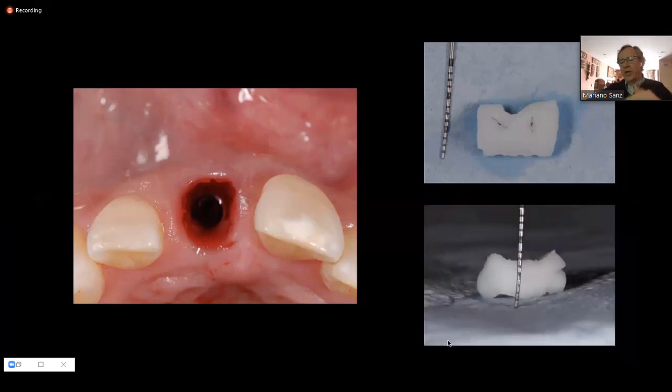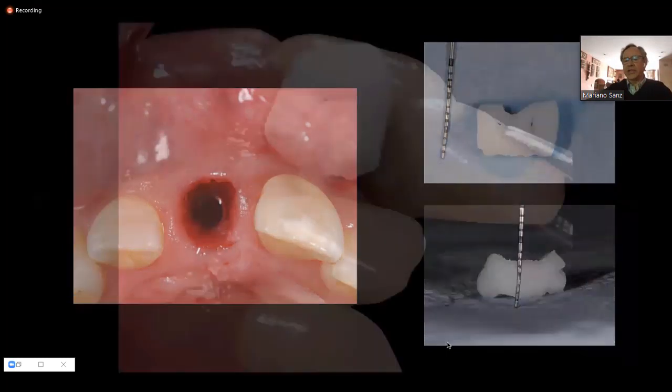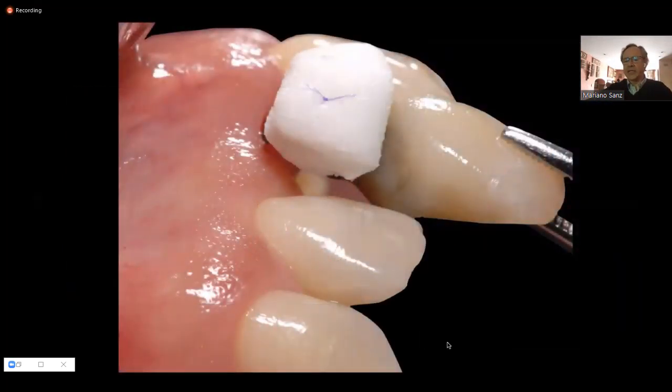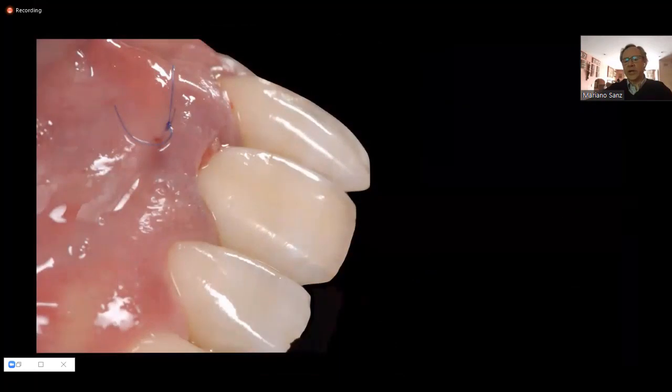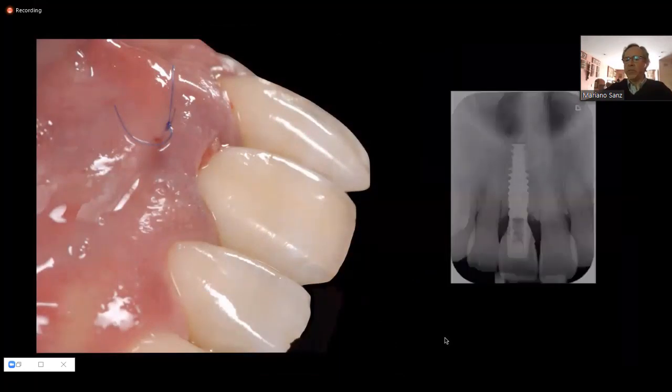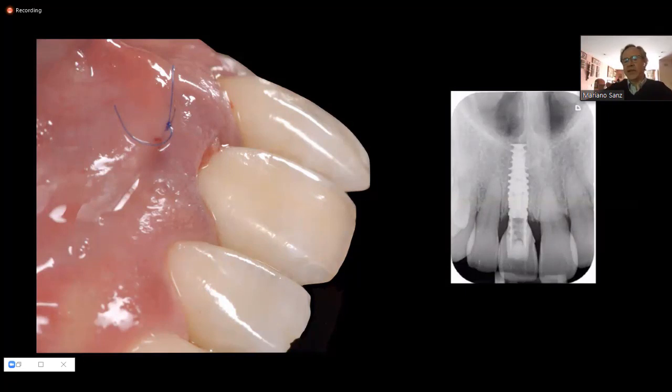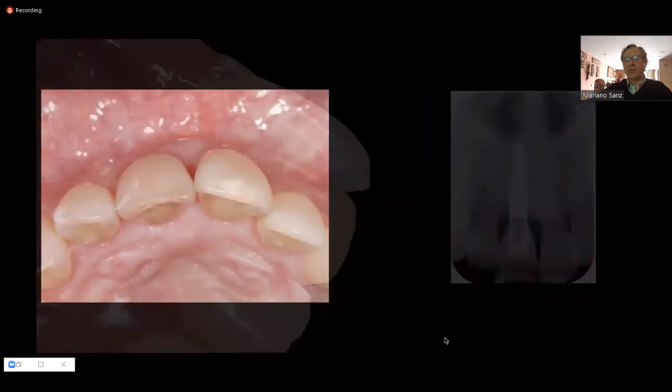And in this way, we can have basically 8 to 9 millimeter thickness that we can place under the mucosa. And then, of course, you see how the provisional restoration will maintain the thickness without excessive lateral pressure.